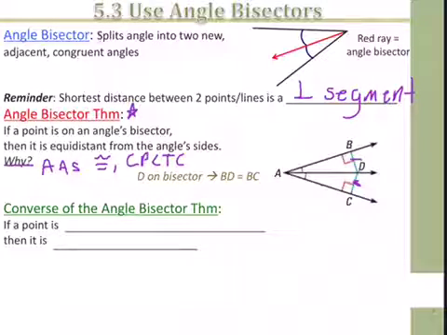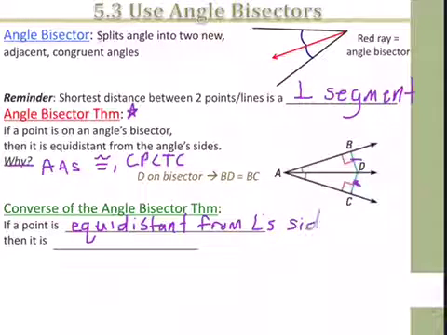Let's just flip the if-then parts. If a point is equidistant, also notice how my handwriting is improving, equidistant from the angle's sides, then it is on its angle bisector.